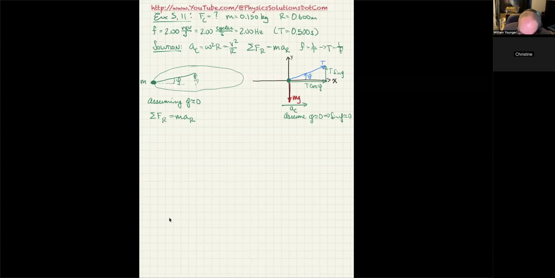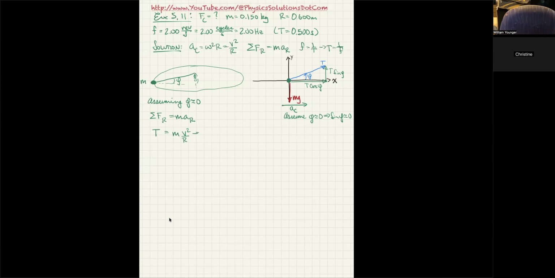Okay. So all we're looking at now is the tension in the string. Instead of it being T cosine phi, since phi is approximately 0, the cosine of 0 is 1, so it's just T. So in this case, T is the only force capable of supplying the centripetal force, and that is given by the mass times v squared over r.